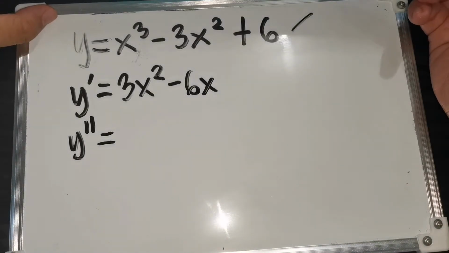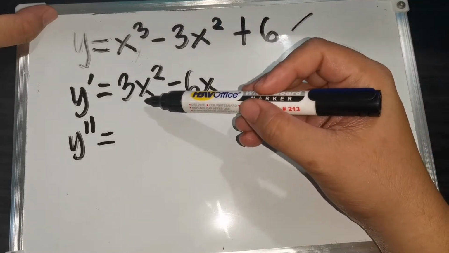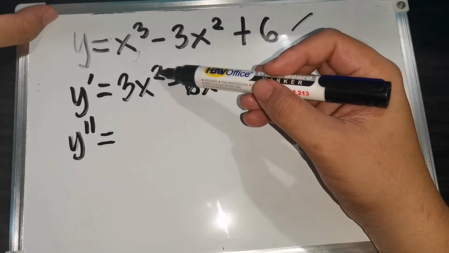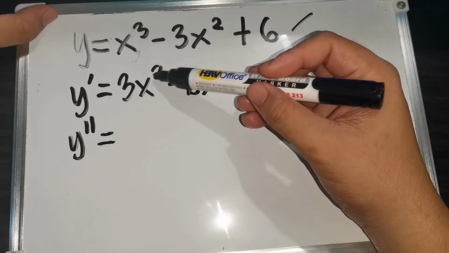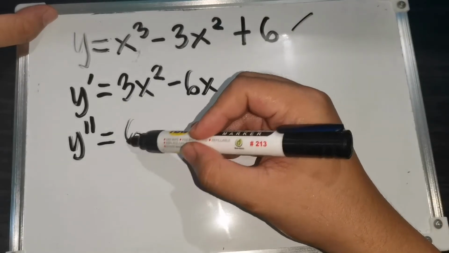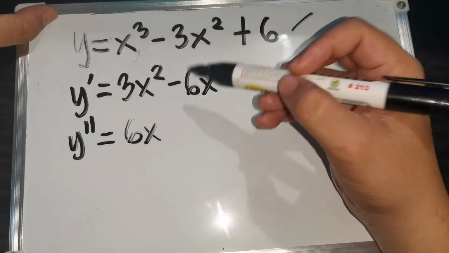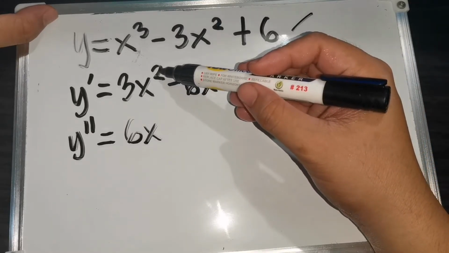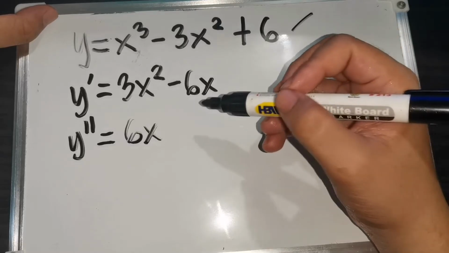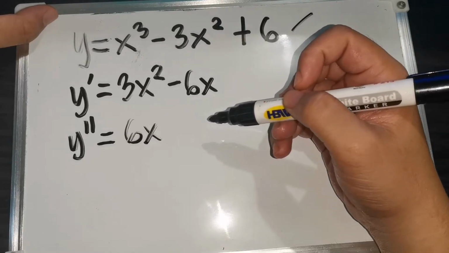So our second derivative is the derivative of your first derivative. So what will be the derivative of your 3x squared? We multiply this exponent 2 to your numerical coefficient 3, so that will be equal to 6x. We copy your variable, then we subtract 1 to your exponent. So there is an exponent here which is equal to 1, so we don't need to put that exponent.